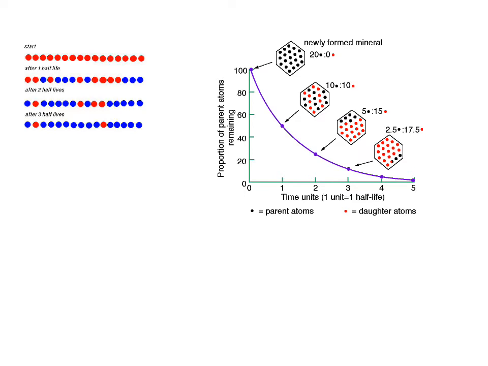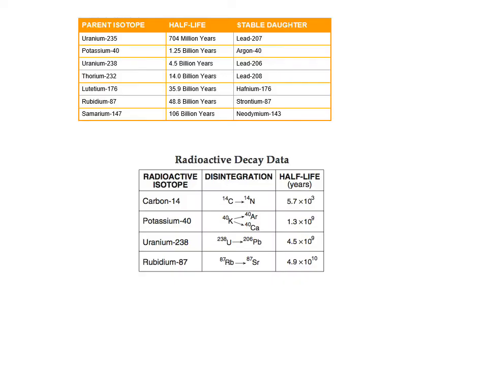And then we go another half-life, and we have more red ones and fewer darker ones. And again, we measure how much of the darker ones are left. We know the original amount, and that's a half-life. We can get dates from them.